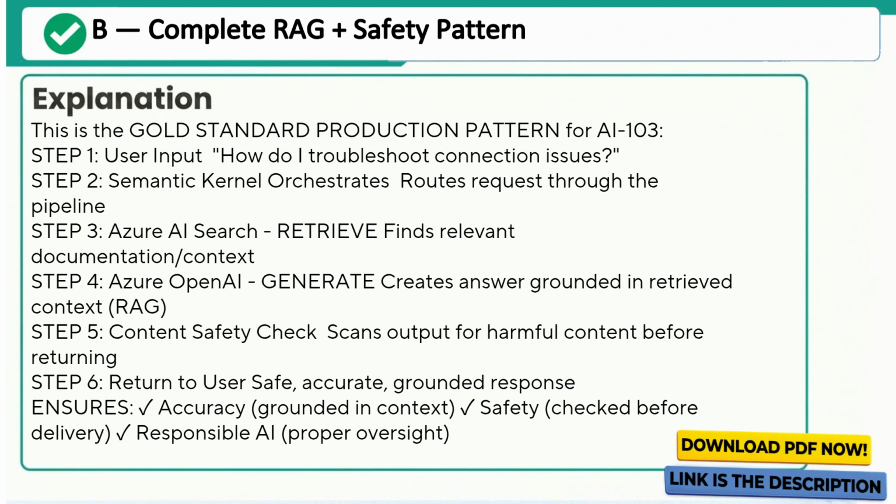Step 5. Content Safety check scans the output for harmful content before returning. Step 6. Return to the user: a safe, accurate, grounded response. RAG ensures accuracy, grounded in context; content safety ensures safety, checked before delivery; responsible AI, proper oversight.